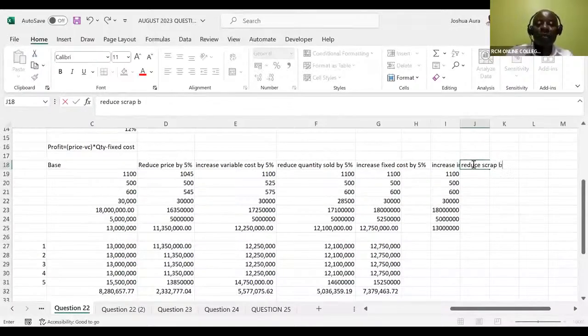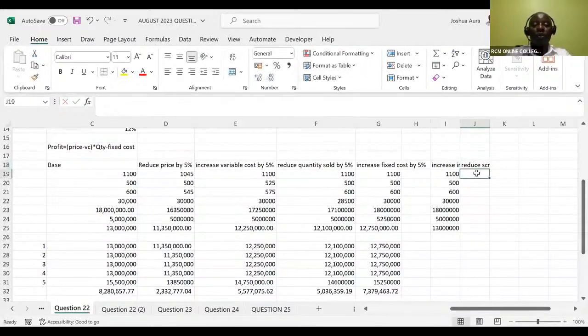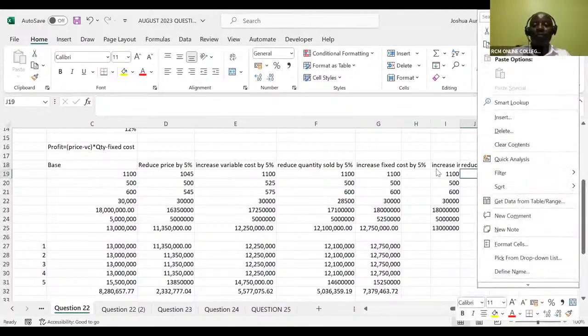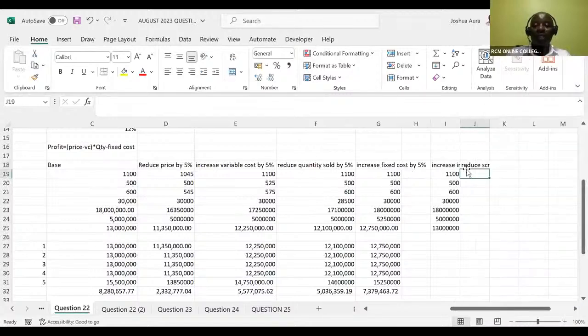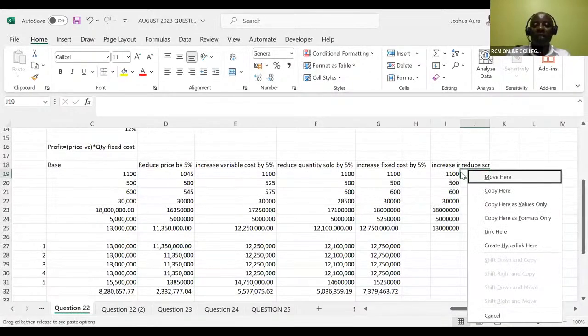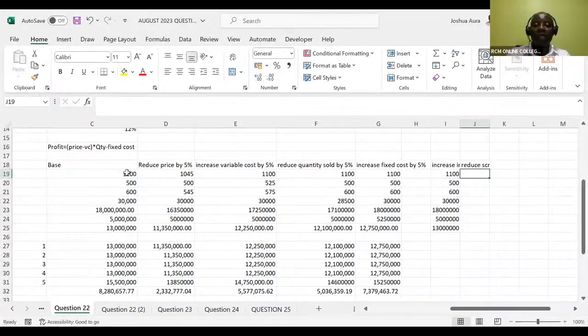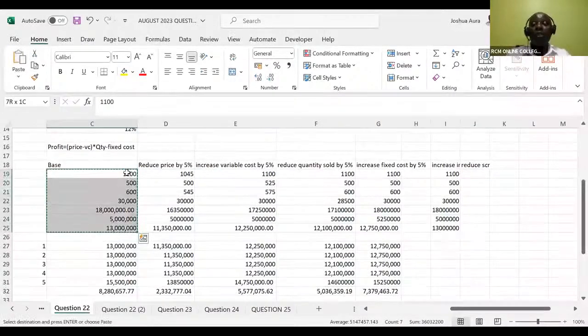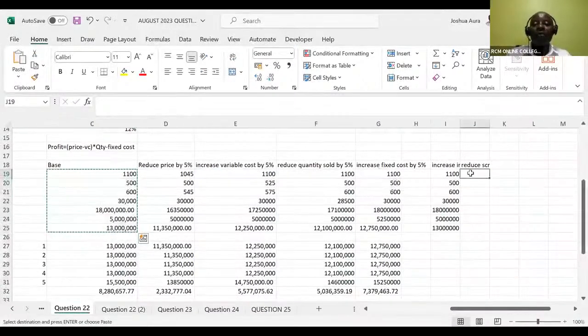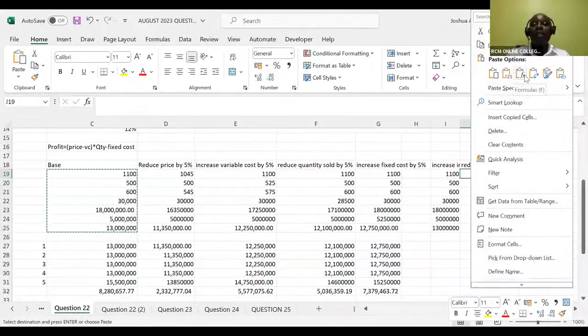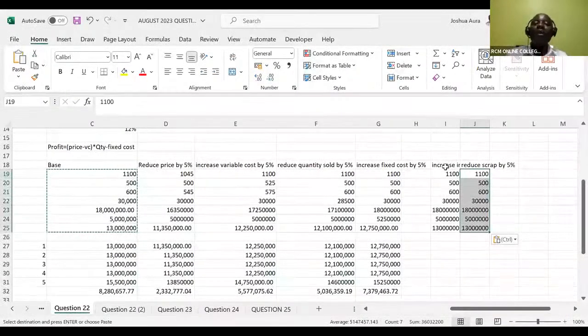Reduce scrap by 5%. Great. So I'll get back here to the base, Control C. We come back to this, right click, like that.